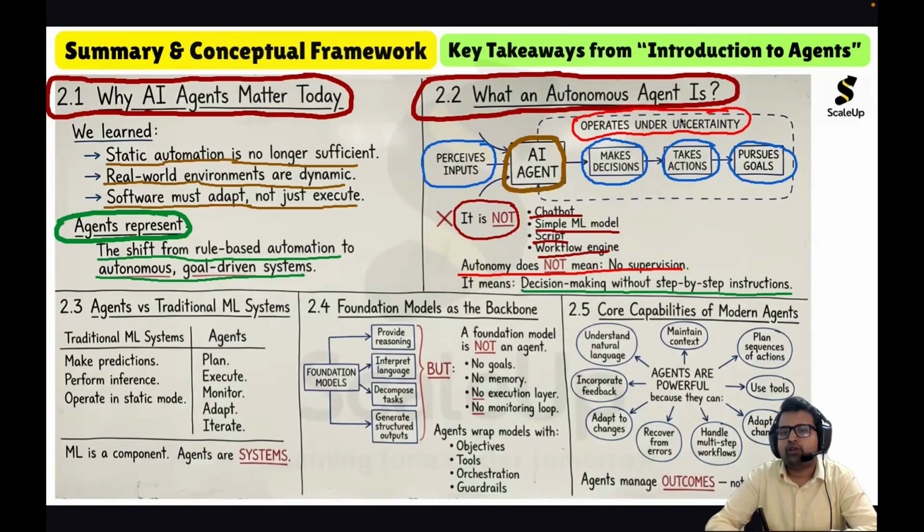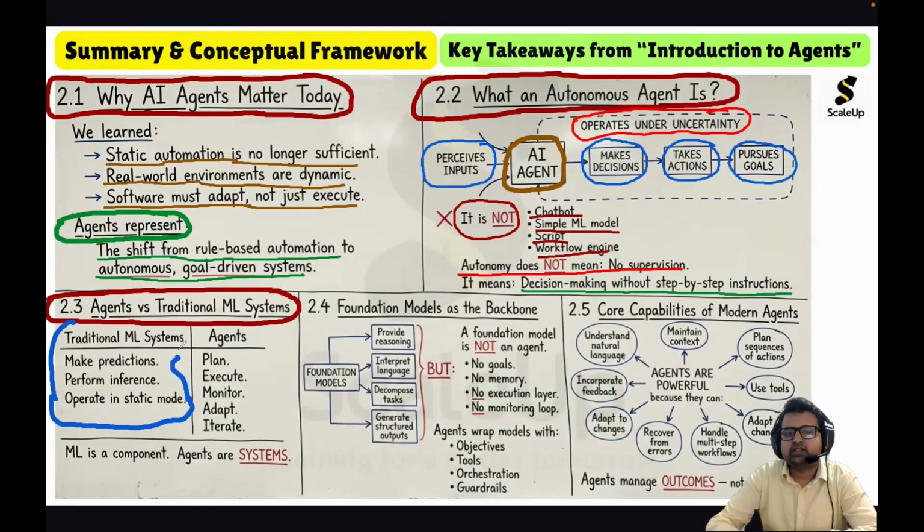So in module 1, we also looked into agents versus traditional machine learning systems, wherein we saw that traditional machine learning systems can make predictions based on the input, they can perform inference, and they operate in static mode.